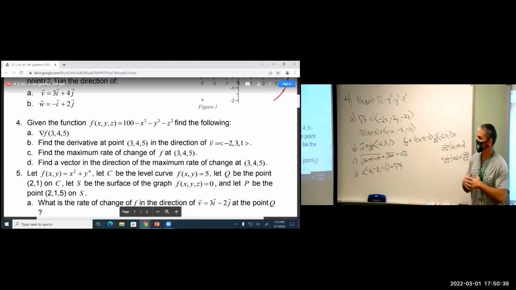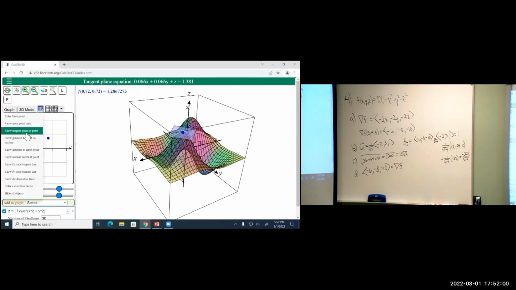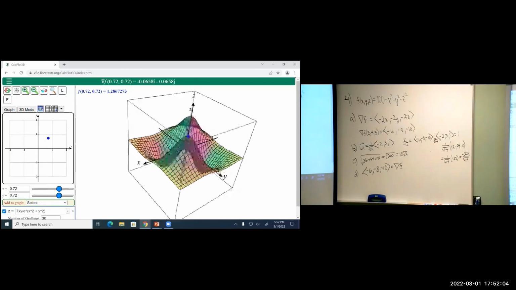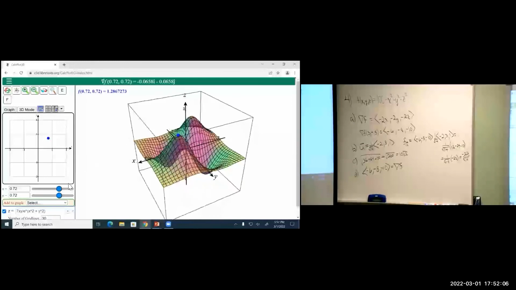But again, we actually got asked the same thing twice in this problem. A and D have the exact same answer, just asking about different aspects of the gradient. You can have the gradient placed on there. Now the gradient is 0 because we're at the top point, but if I move that point around, you can see how the gradient changes depending on where the point is.